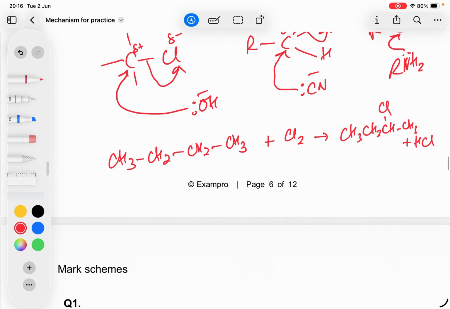Okay, so what are the steps? Well, you've got your initiation step, and then let's look at your propagation step. Now, the arrow is very important here, and please do not do this mechanism in terms of molecular formula. It's got to be structural formula.